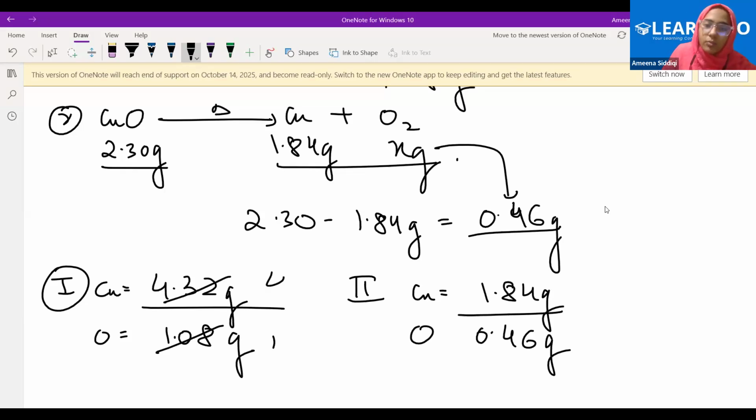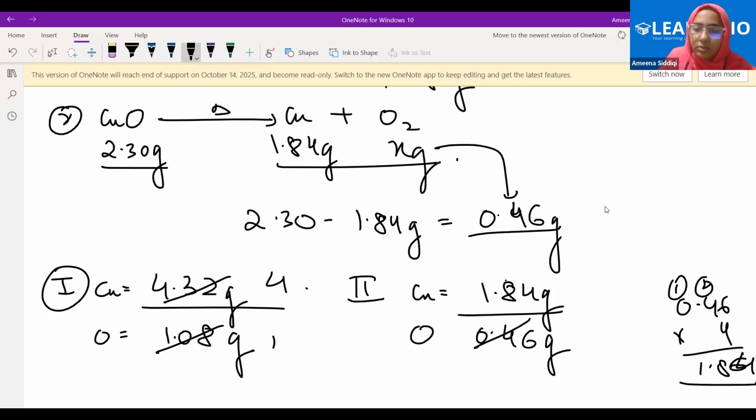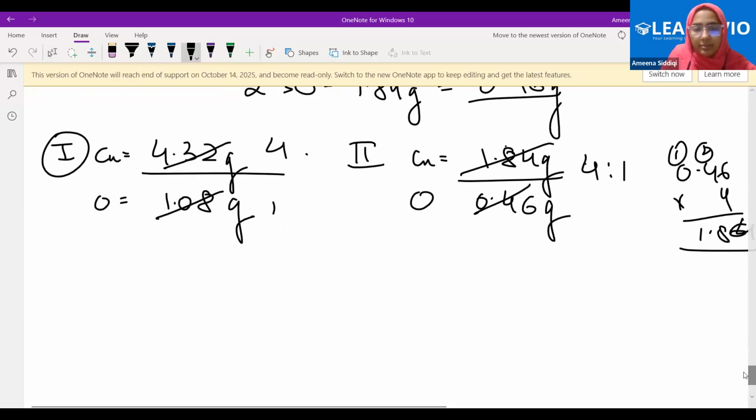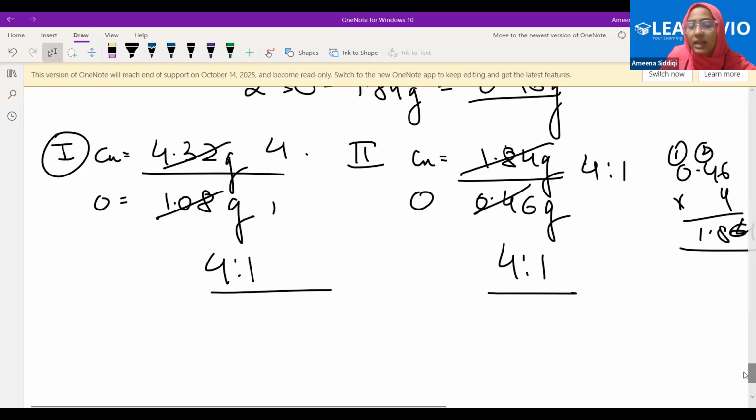If you multiply 0.46 by 4, what do we get? 1.84. We get 4:1. In both the cases, what is the ratio that we are getting? 4:1. What does this show? That the law of constant proportion is valid here. It is followed here.